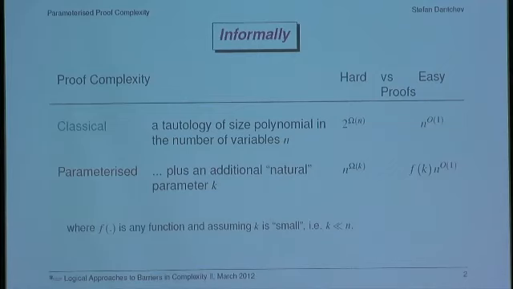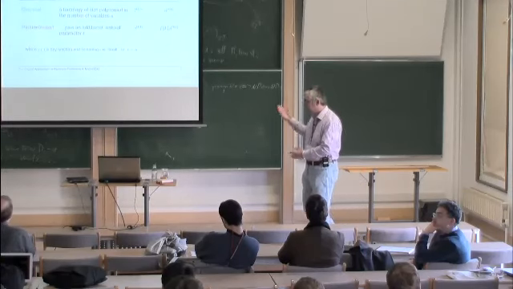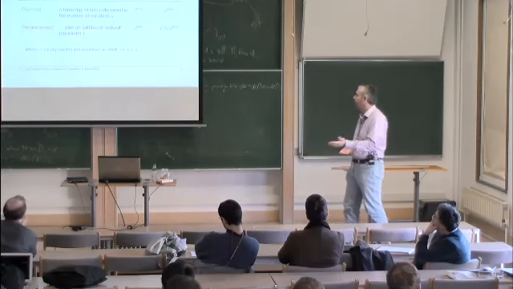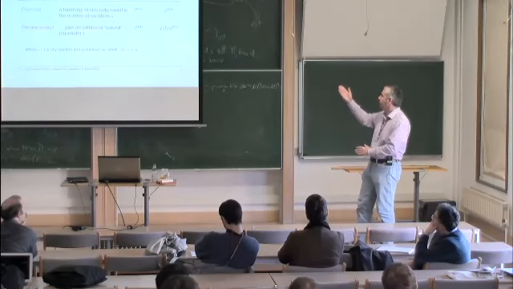Well, if you know what parameterized complexity is, you recognize this straight away. If you don't, well, think of something that I try to prove or refute for every possible subset of a set of n items. In the classical case, I will have to go through all of them.